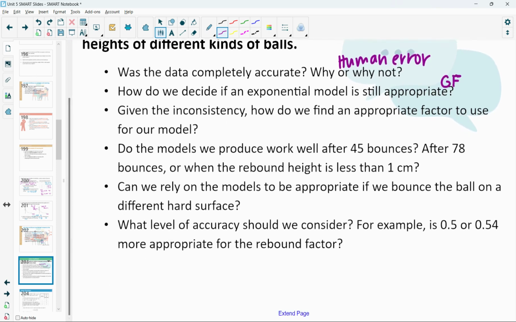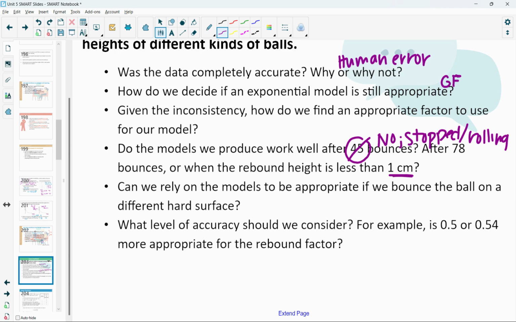Do the models we produce work well after 45 bounces or 78 bounces? No, this would be bad because the ball would just be stopped, like we said, stopped or rolling. You're not going to have a bounce height of 0.0007. The ball is just on the ground, and really less than 1 centimeter, that's going to be on the ground.